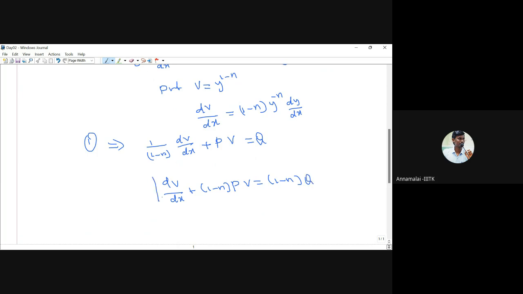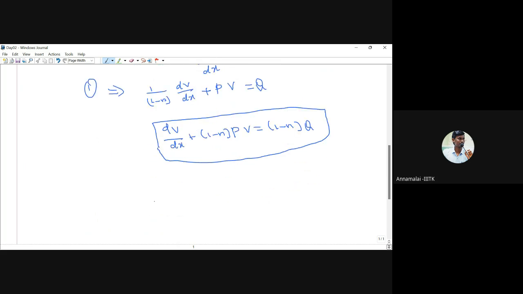So now this is a first order differential equation. Once you write it in this form, first you have to find the integrating factor. So what is the integrating factor? It's nothing but e power integral of 1 minus n times p dx.